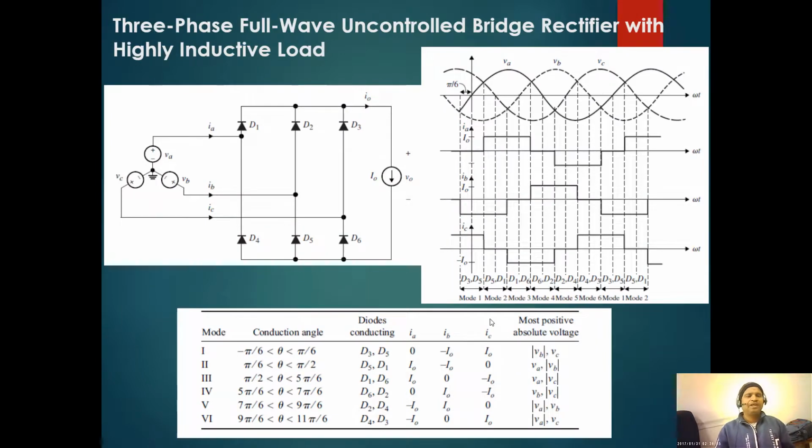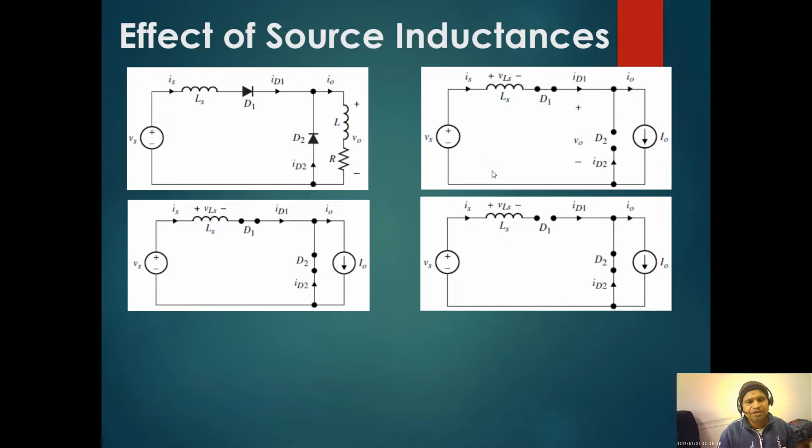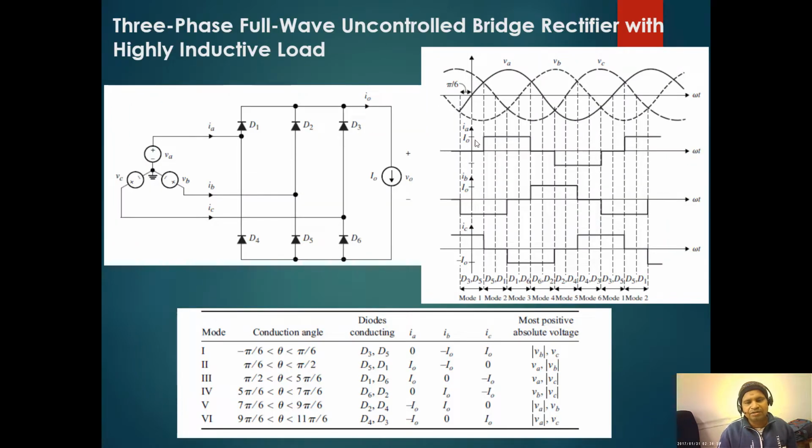If there is a pure inductive load, and your load is highly inductive, like a constant current, ripple-free current source, then you can see that the current will be a quasi-square wave. The D1 current will flow here, D2 current here, D3 current here.